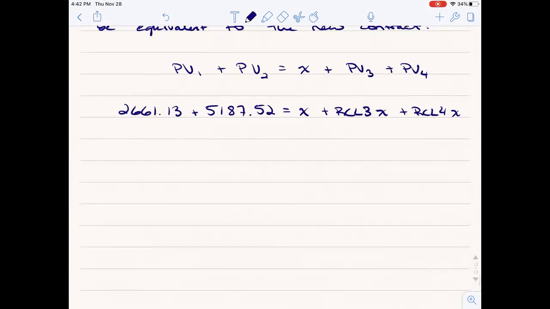So now I can simplify on both sides. I get 7,848.65 on the left-hand side.